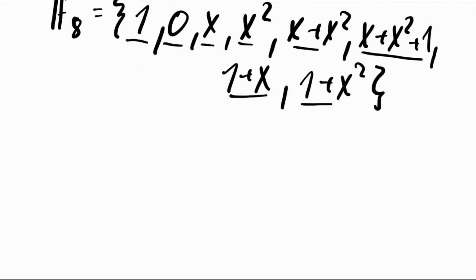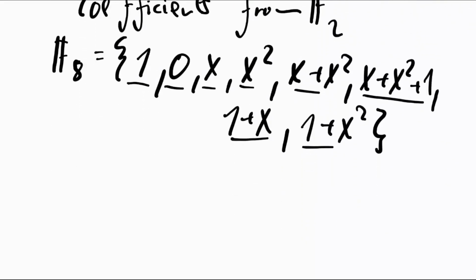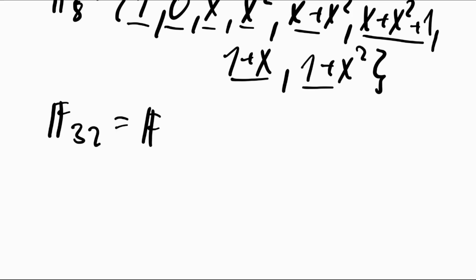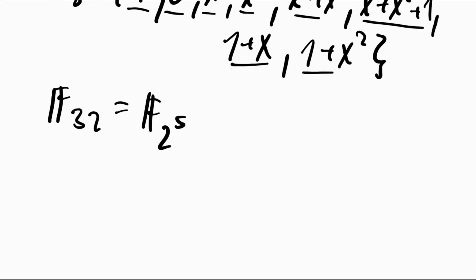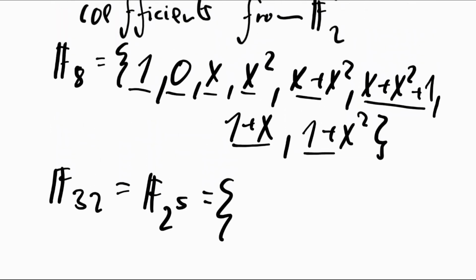And we can generalize this. But before we do that, let's take another example. And that would be, for example, F32, which is simply a higher power of 2. Namely, that's F of 2 to the 5th power, because 32 is the 5th power of 2. So here we'll proceed very similarly. When we list out the elements, this time, just like before, the power was 3, 2 to the 3rd, so we had 3 coefficients.